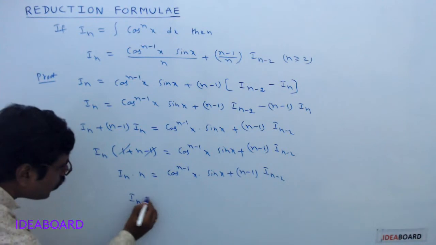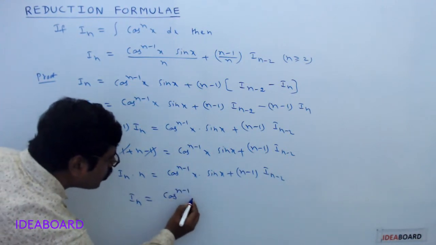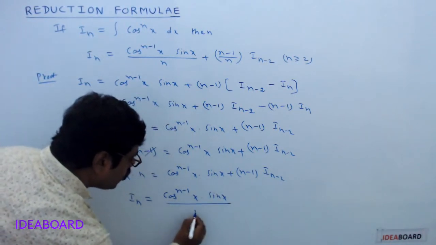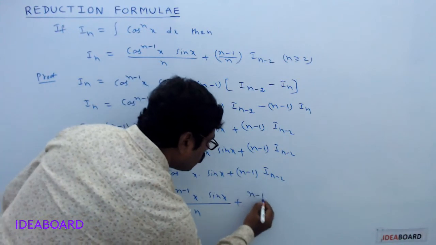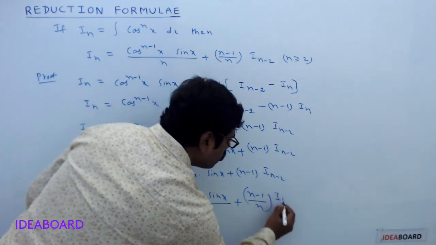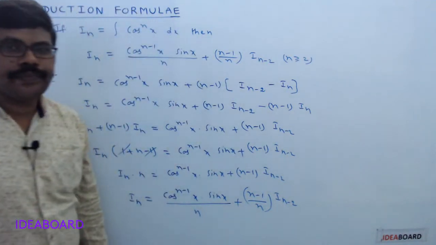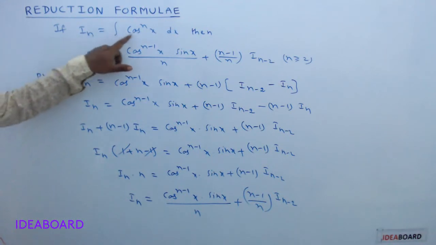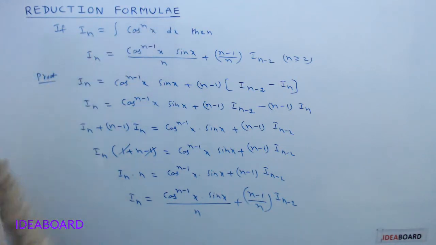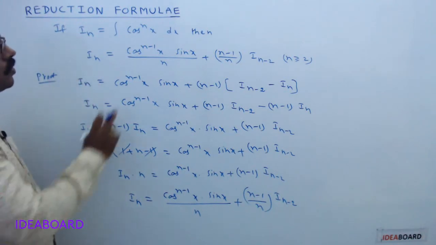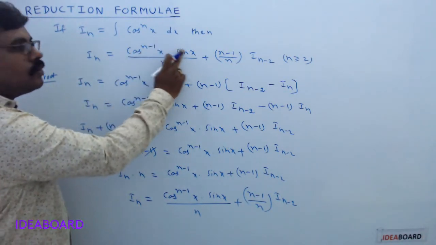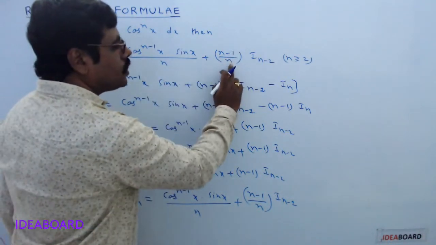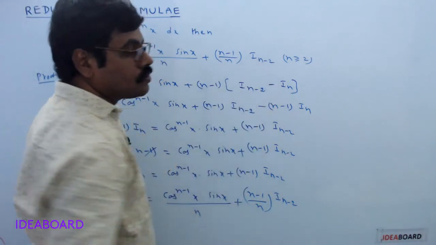So therefore In equals cos power n minus 1 x into sin x divided by n plus n minus 1 divided by n into I n minus 2. What is the formula? If In equals integral cos power n x dx, then In equals cos power n minus 1 x into sin x divided by n plus n minus 1 divided by n into I n minus 2.